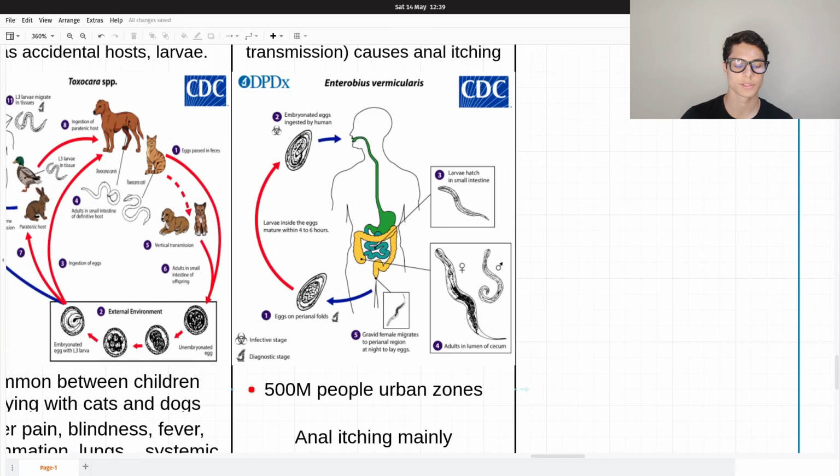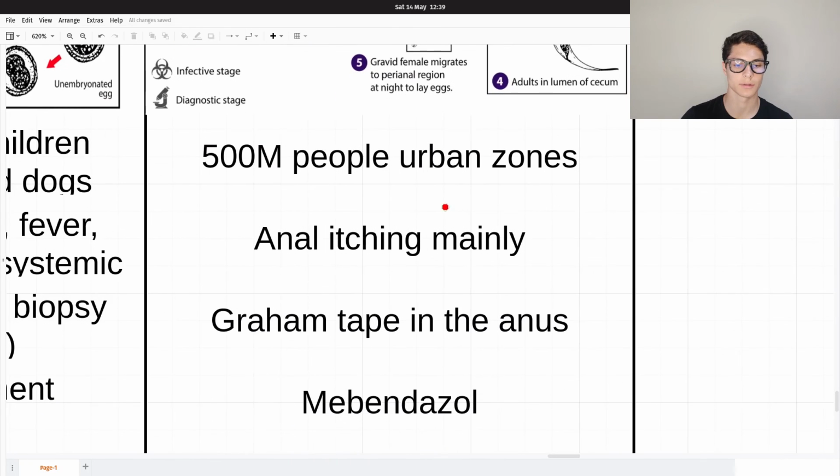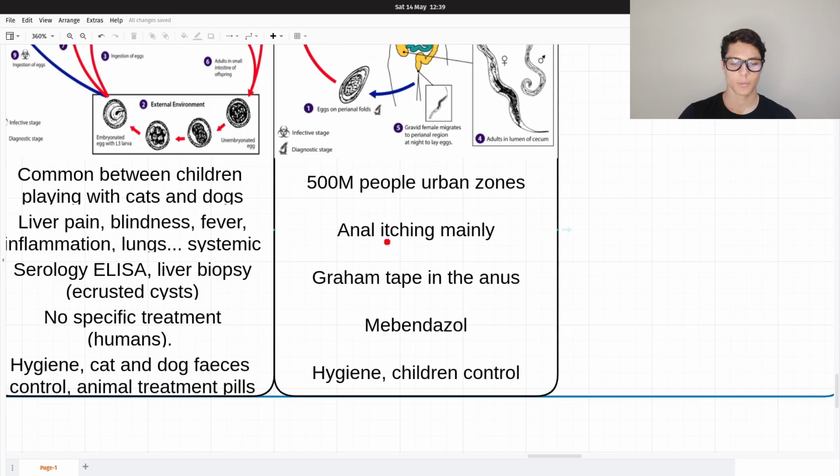The epidemiology says that 500 million people are affected with this, especially in urban zones, in rich countries mainly. And what it does is anal itching mainly, and the diagnosis is the Graham tape in the anus.